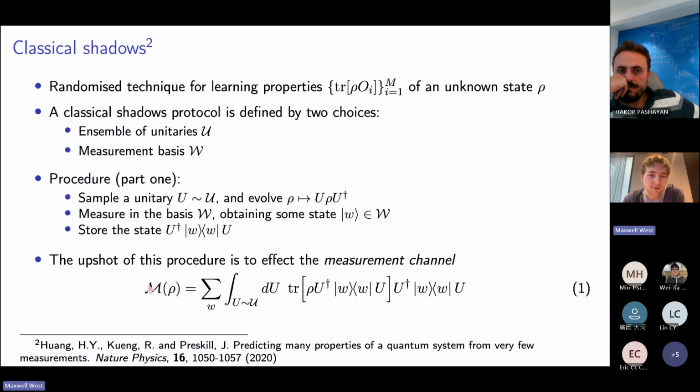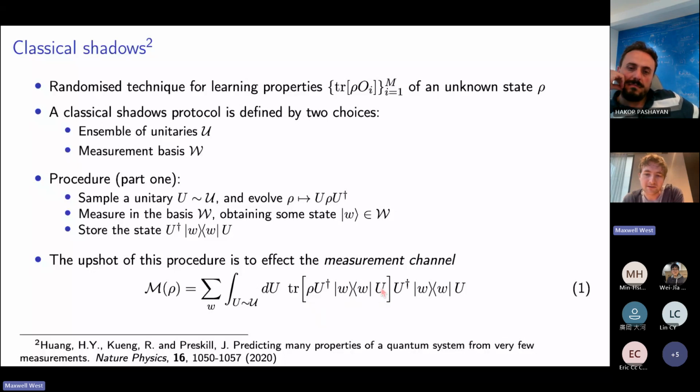And so if you think about it a little bit, what this is doing in effect is carrying out a quantum channel, which we'll call the measurement channel M. You put in rho, and the objects you get at the end are U dagger |W><W| U. And this is basically adding up all the things you can get and weighting them by their probability, which is maybe even clearer if you cyclically permute this copy of U around.